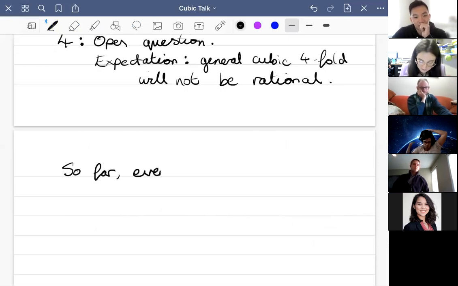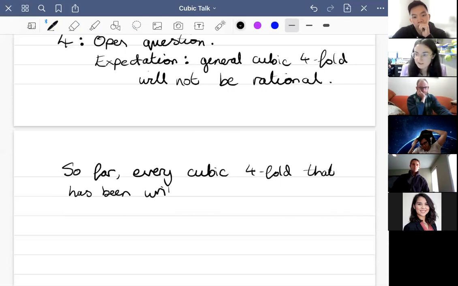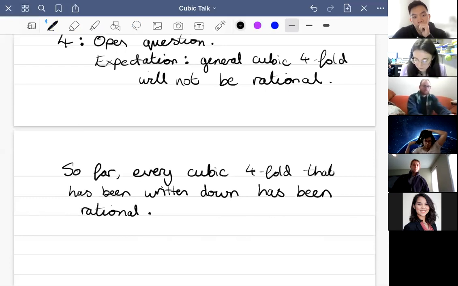Every cubic fourfold that has been written down explicitly in equations has been rational. We know of a large number of families which are rational.